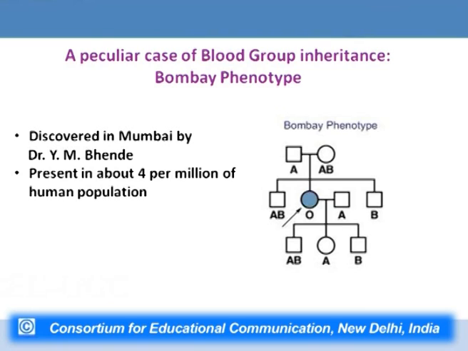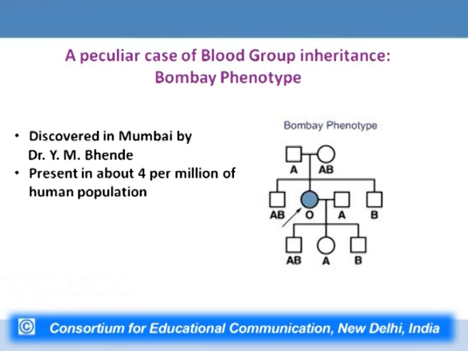It was discovered by Dr. Y. M. Bhende, and later it was found that in human beings only about 4 individuals per million can be seen with this phenotype. The Bombay phenotype was found when a woman with O blood group was admitted to the hospital, and when her genealogy was constructed, it was seen that her father had A blood group and her mother had AB blood group, and her brothers had AB and B blood group.